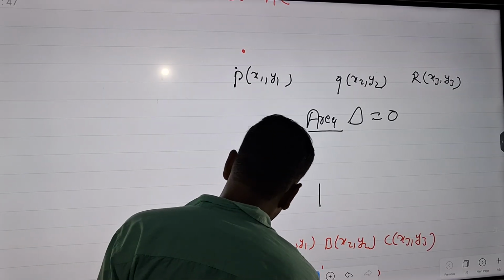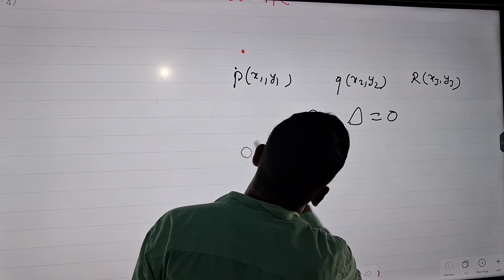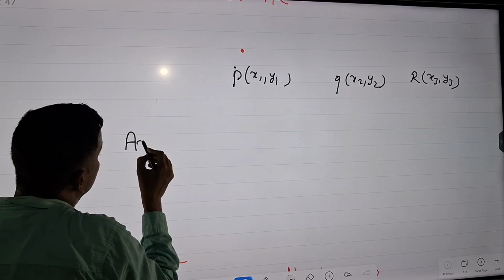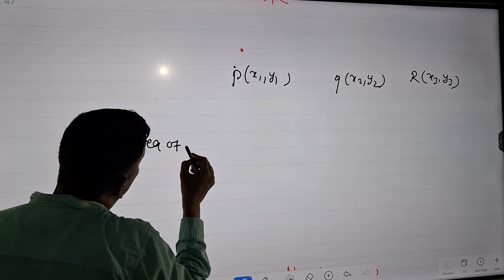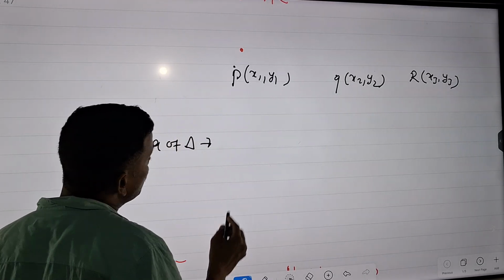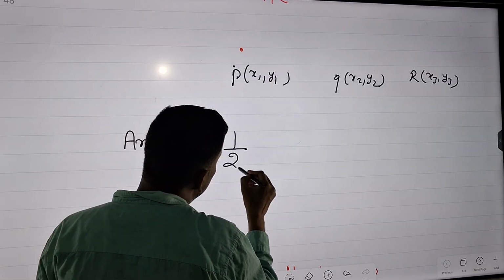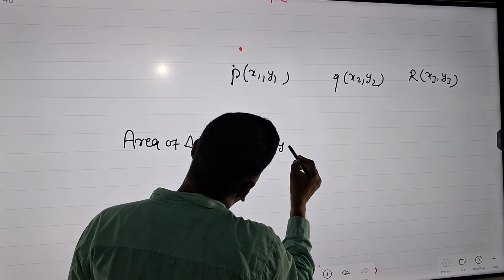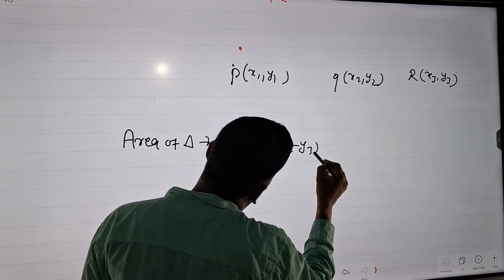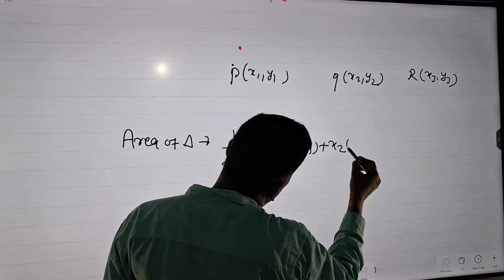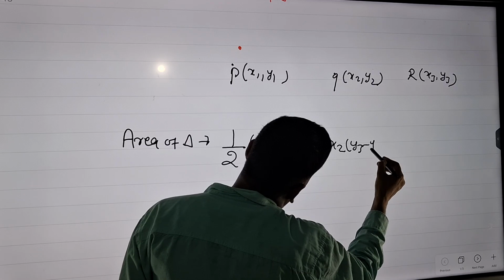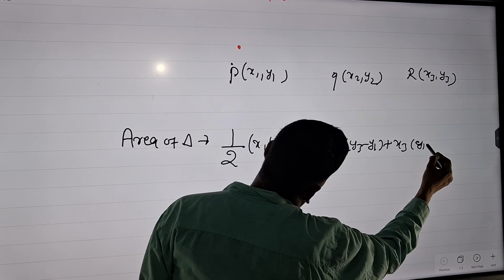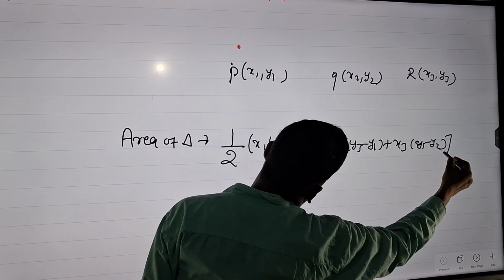You have one most important formula, area of triangle. If you have 3 points, it is 1 by 2 into x1 into y2 minus y3 plus x2 into y3 minus y1 plus x3 into y1 minus y2.